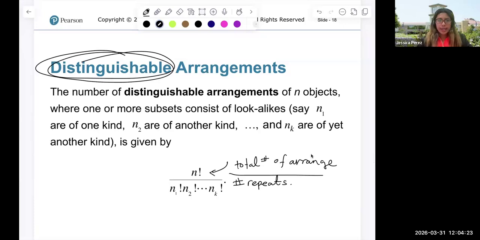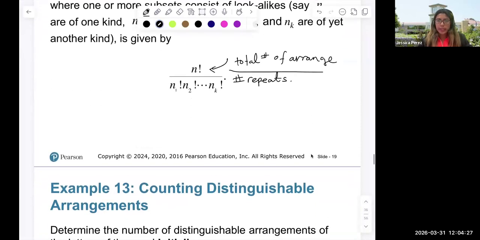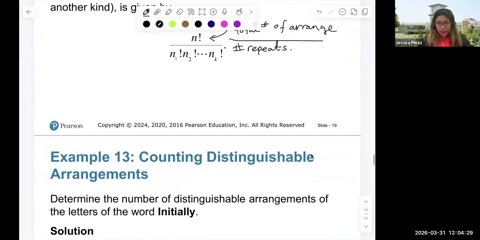So let's look at an example of a distinguishable arrangement. We wish to count the distinguishable arrangements of the word initially. The first thing you do is count the letters in the word initially: 1, 2, 3, 4, 5, 6, 7, 8, 9. So there's a total of 9 letters. So it's going to be 9 factorial over the repeats.